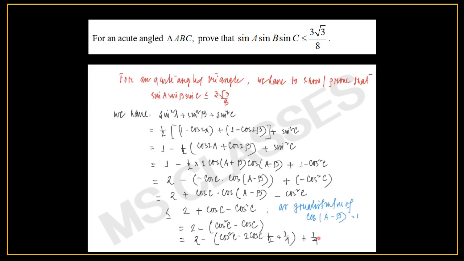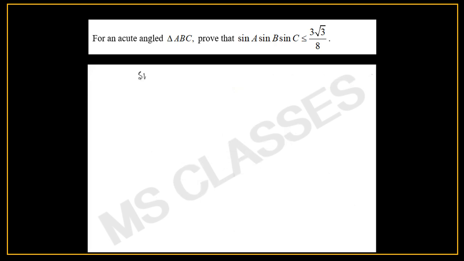To neutralize we have taken 1 plus 1 by 4, and from this we can easily understand the whole expression, which is sine square A plus sine square B plus sine square C, is definitely less than or equal to 2 plus 1 by 4, which is 9 by 4. So this is given as the maximum value of sine square A plus sine square B plus sine square C.